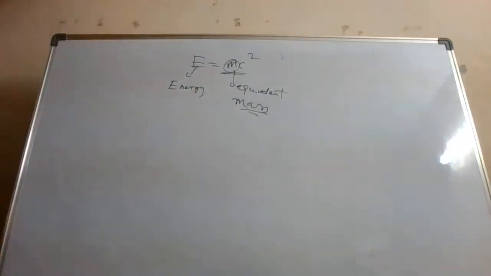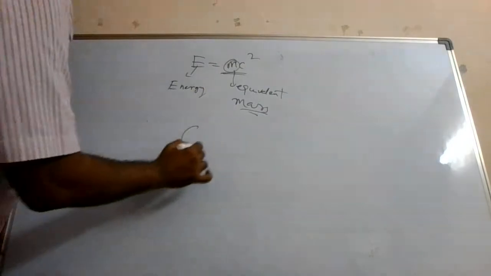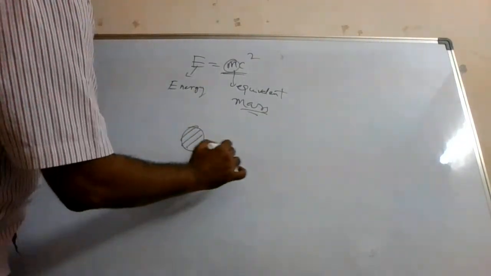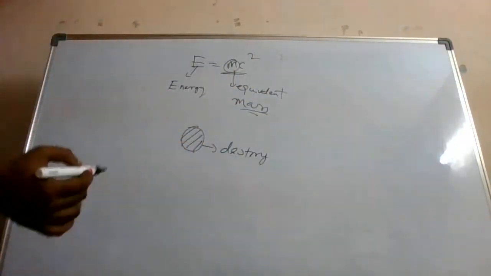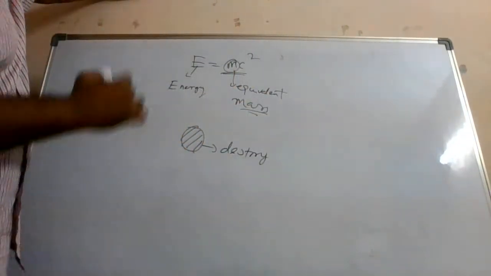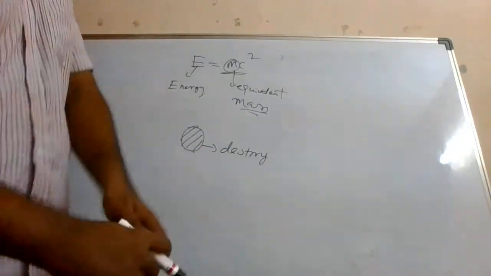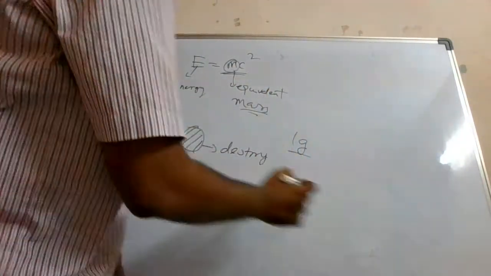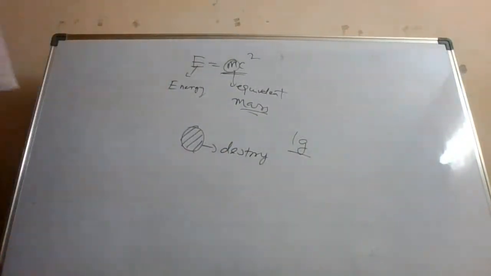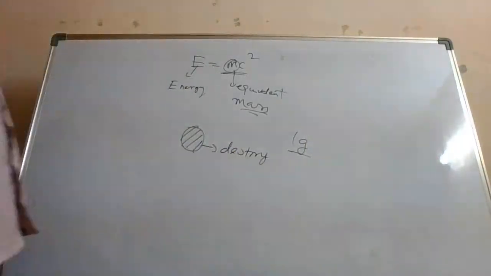This energy and mass basically are the same. If you take a mass and you destroy it, it is converted into equivalent energy. What is the meaning of that? If I take a stick weighing 1 gram and break it, will it convert into energy? No, the meaning is not that. You have to completely destroy the mass.